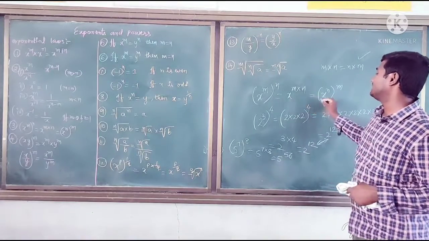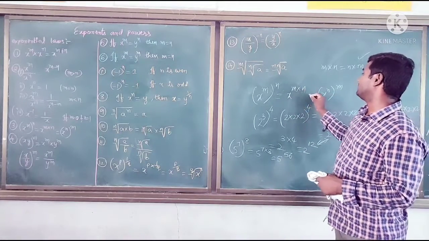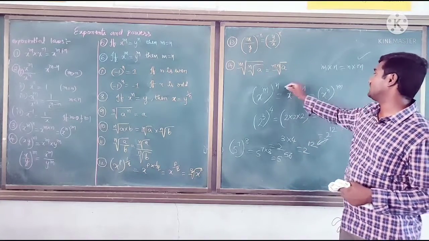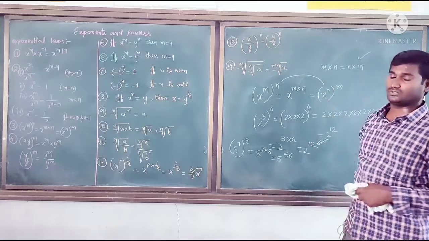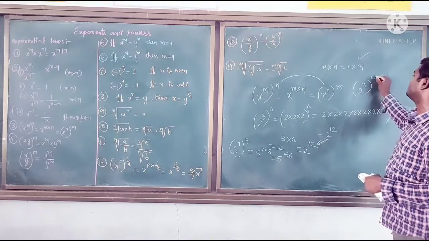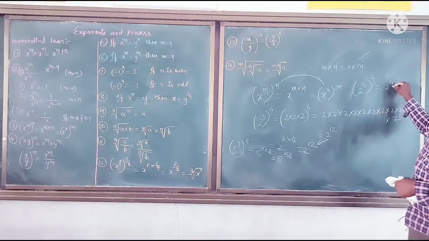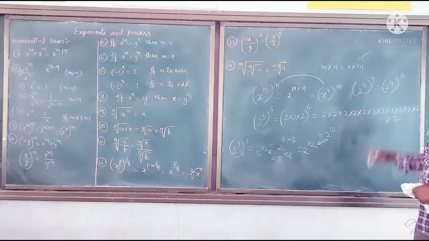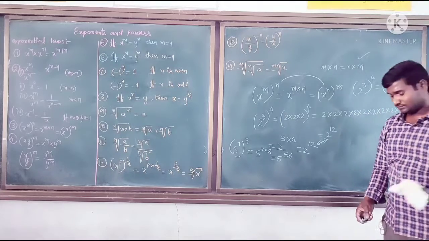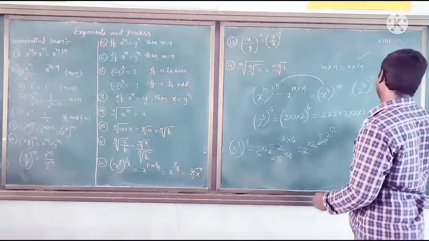So we can write x power m into n, we can write x power n into m also. So these two numbers are equal only. So that means (2 power 3) whole power 4 is equal to (2 power 4) whole power 3. Yes, 3 4s are 12, 4 3s are 12. Okay, likewise also we can use.